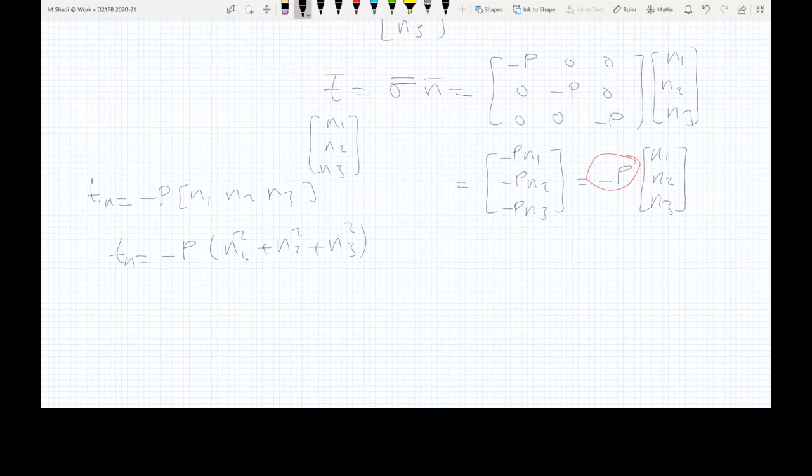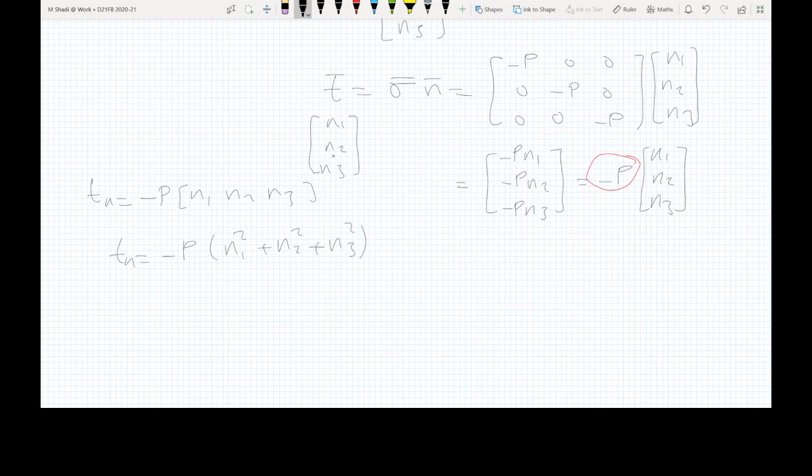Now, because this is a normal direction, any normal direction, the length of the normal direction is always going to be 1. Always for normal directions, you should pick a length equal to 1 because we are going to use this to multiply with the stress tensor. If the length is different than 1, then it's going to scale the stress vector up or down.